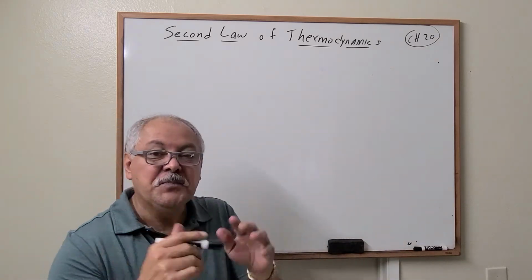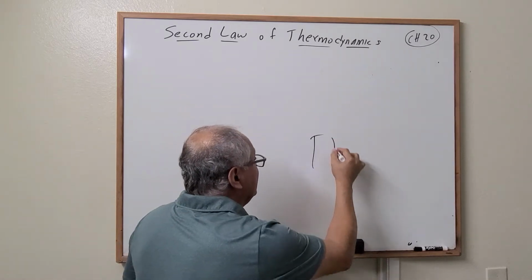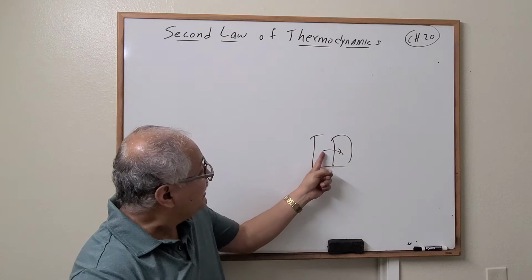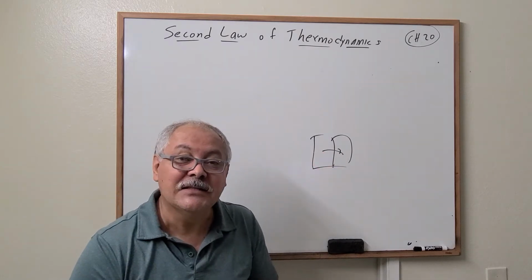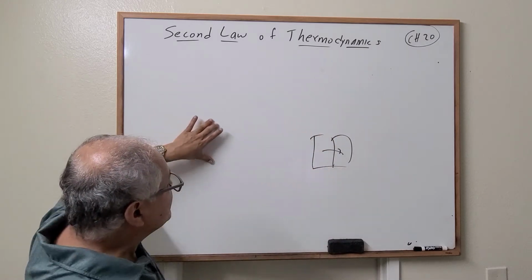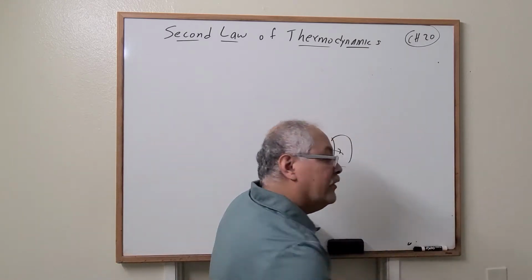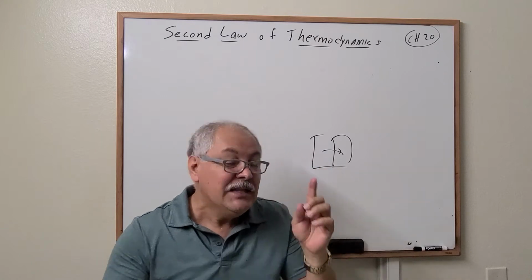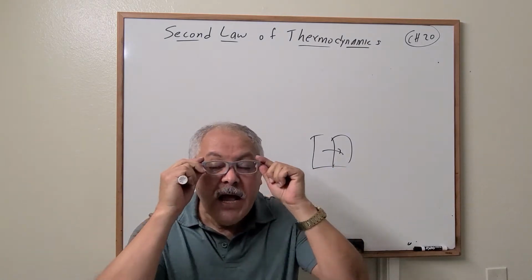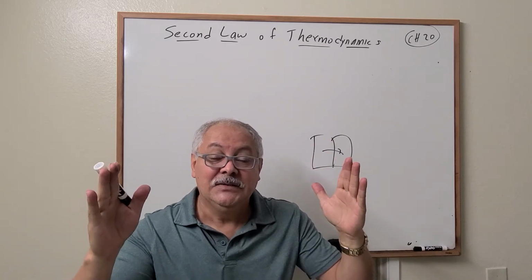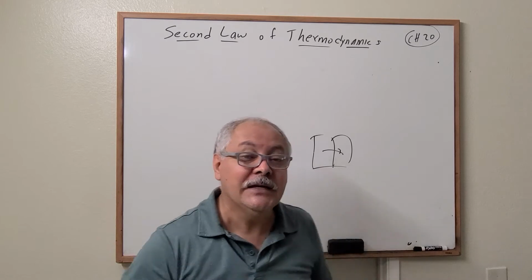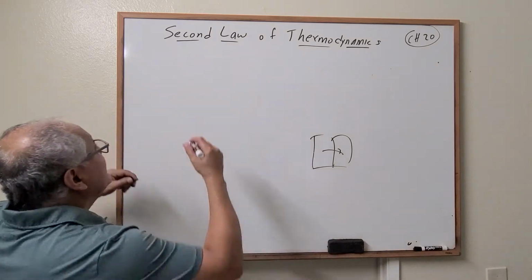If we have small objects like the ones we did before, the heat rate is not constant. But if this is a huge reservoir, and the amount of heat transferred is not too much, we take that rate as constant for a long time.